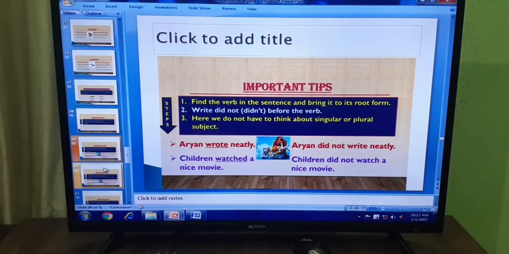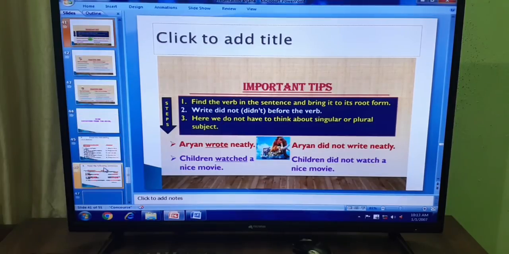The answer is, children did not watch a nice movie. The next example is, we made a chart. When we change it into the negative sentence, what will we write here? We did not make a chart.